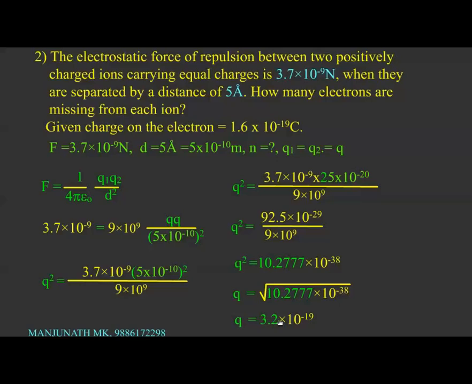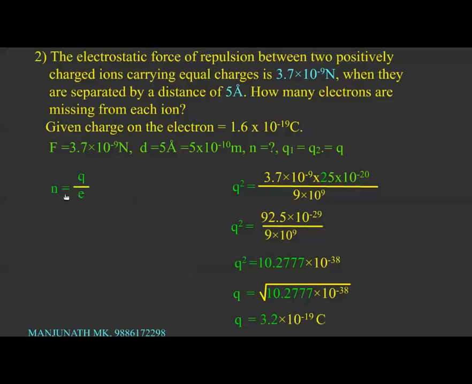So now we have to calculate how many electrons have to be removed in order to make the charge 3.2 into 10 to the power of minus 19 coulomb. So we know N is equal to Q by E. Q we have calculated, E we know, the charge on the electron. So that is 3.2 into 10 to the power of minus 19 over 1.6 into 10 to the power of minus 19.